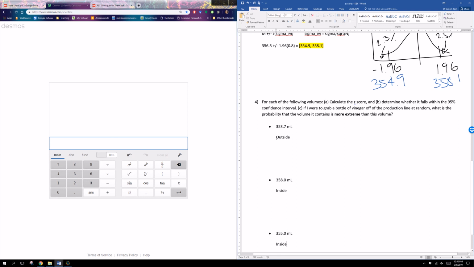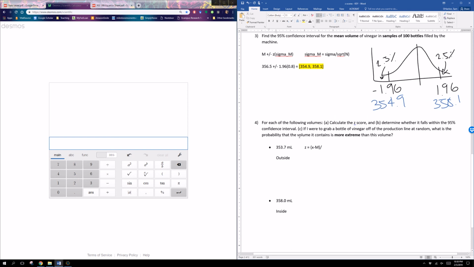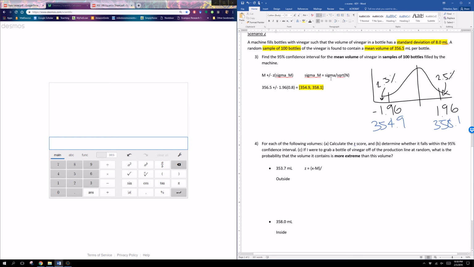So we're supposed to find the z-scores. So if we have the general equation of z equals x minus m divided by the standard deviation of the distribution of means, so that is sigma divided by square root n.